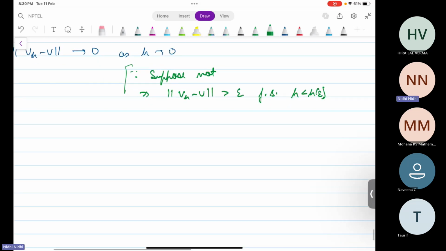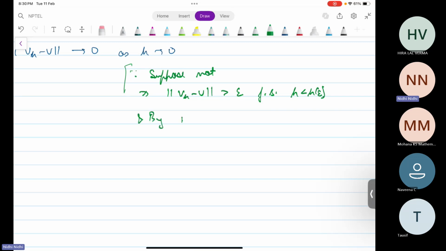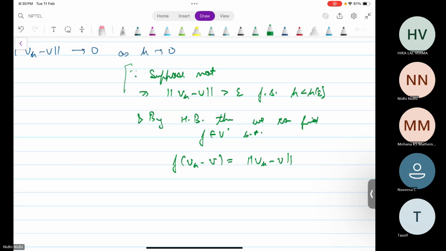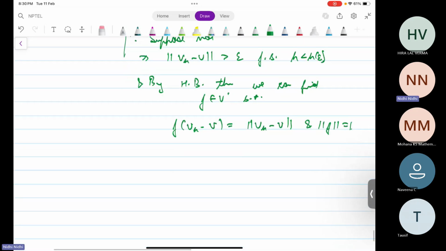Now by Hahn Banach theorem we can find some f in v star such that f of vh minus v is equal to norm of vh minus v and norm f is equal to 1, which will give mod f of vh minus v, which is equal to norm vh minus v, strictly greater than epsilon.